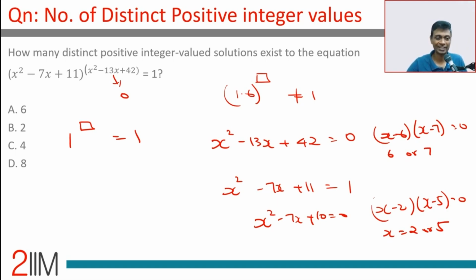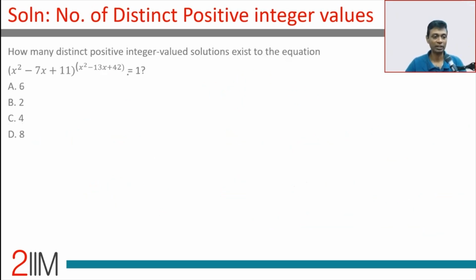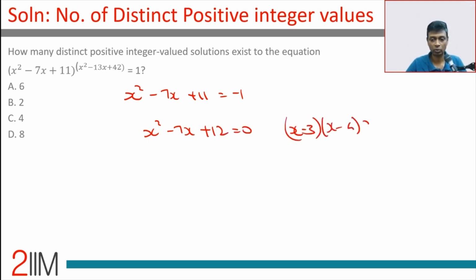Hang on. There's one thing we have missed completely. We can even get 1 as minus 1 per an even number will give us 1. We'll have to verify that. How do you verify that? X square minus 7x plus 11 equals minus 1. X square minus 7x plus 12 equal to 0. X minus 3 into x minus 4 is 0.